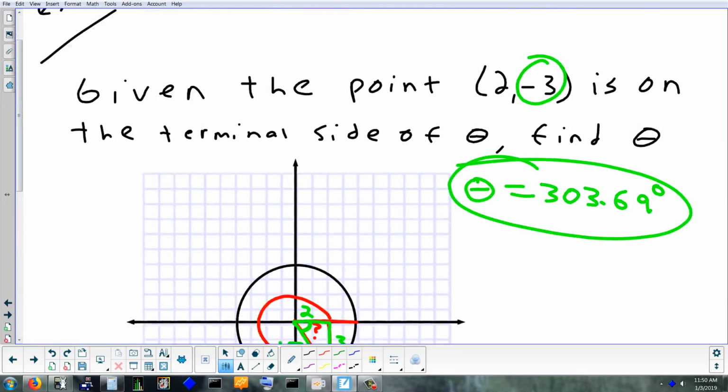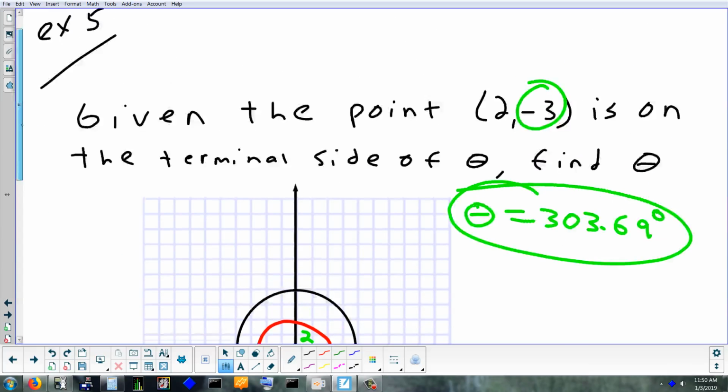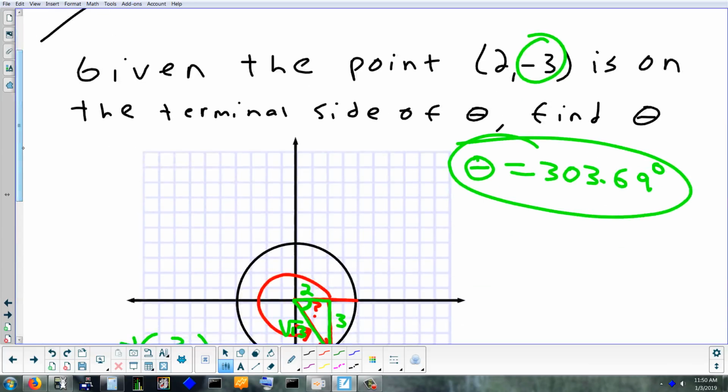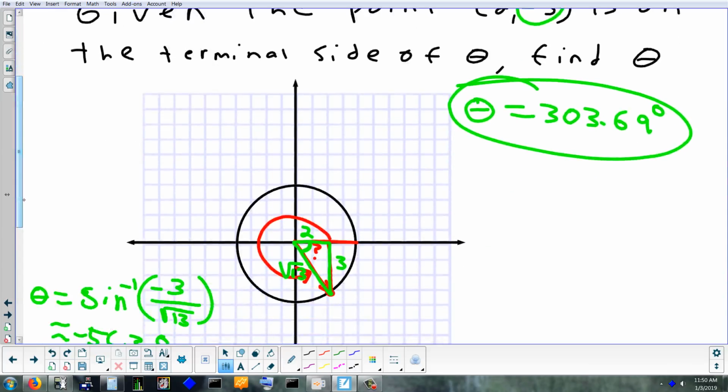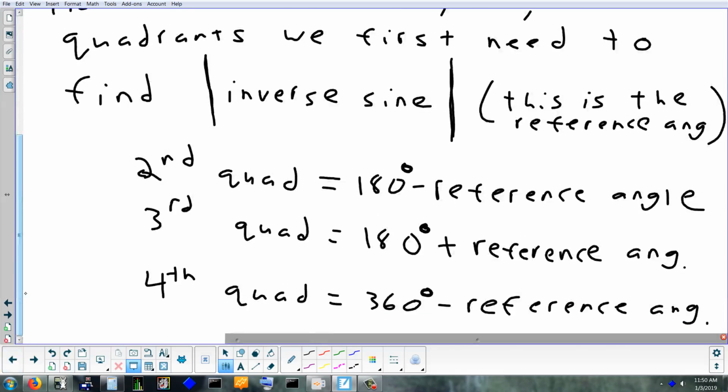And that's the answer. Question on it? It's a little bit of work to remember which formula to use, but a lot of times if you just draw it out, you can almost make sense of it without even thinking of these formulas. Okay.